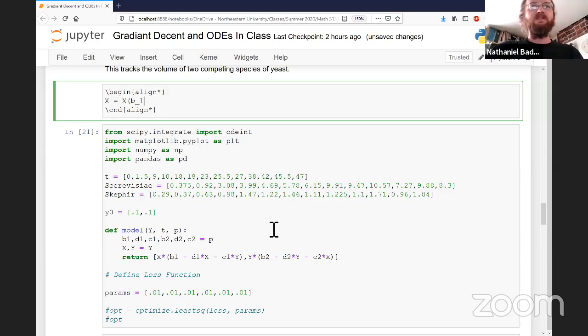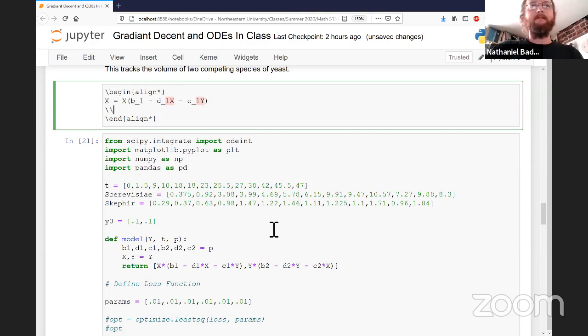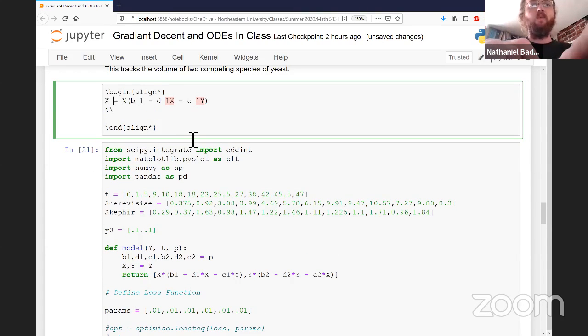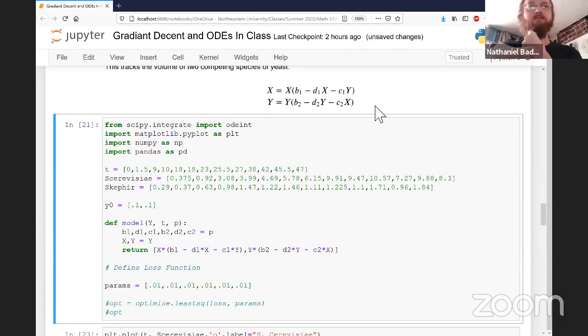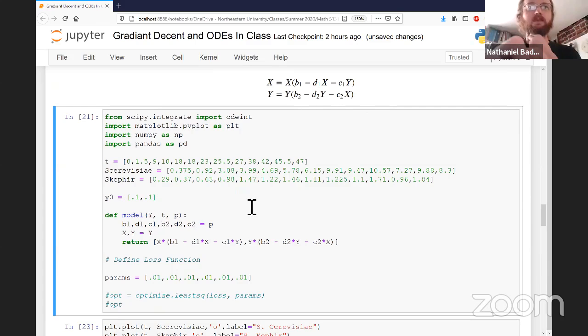So it's going to be B1 minus D1 times X, and then there's some competition term. And then Y similarly is going to be a logistic model. So we've got B2, D2Y, and then some competition with X.